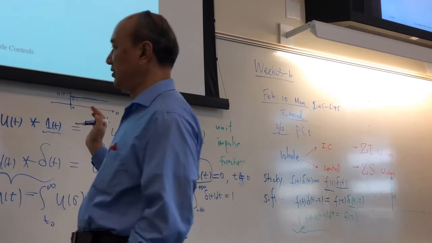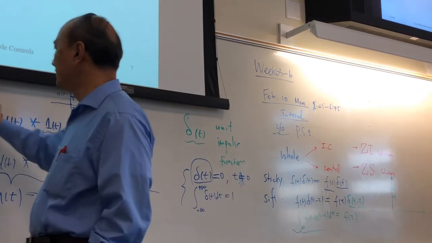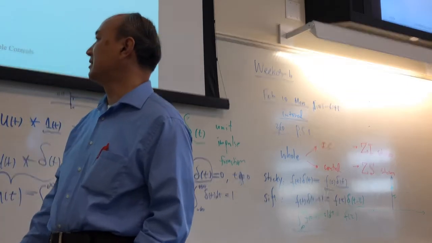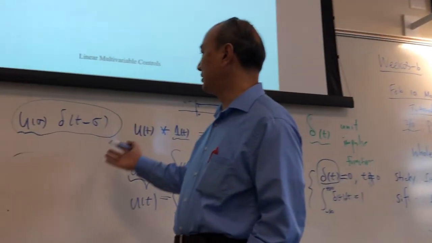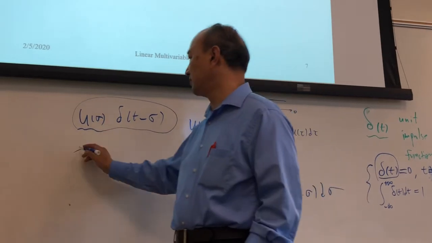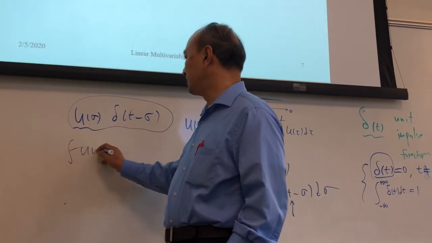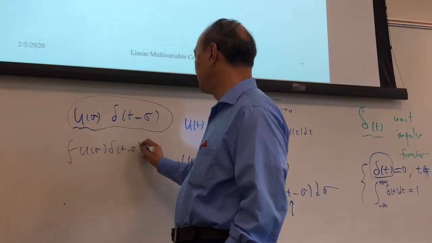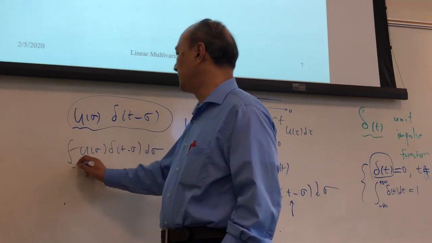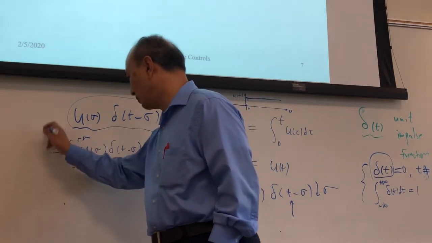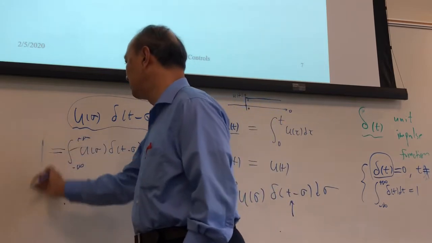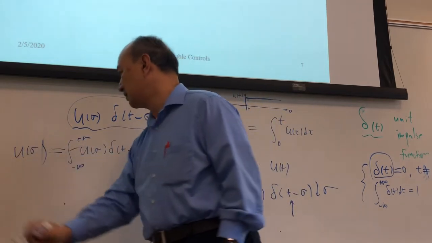Otherwise, it's all zero. But this one itself doesn't make good sense, so this one is always there. You also see that the integral of u(sigma) delta(t minus sigma) will not be 1, it will be u(sigma).